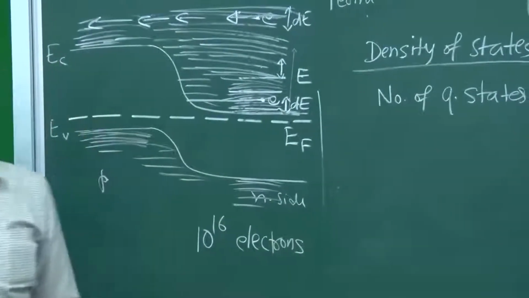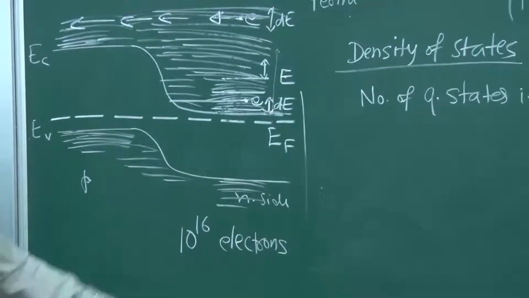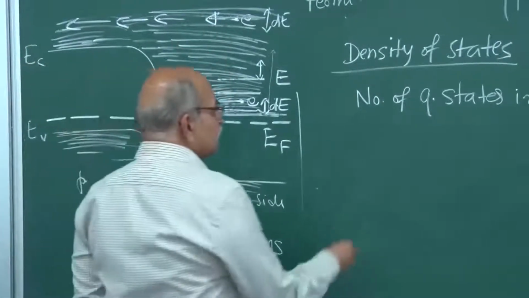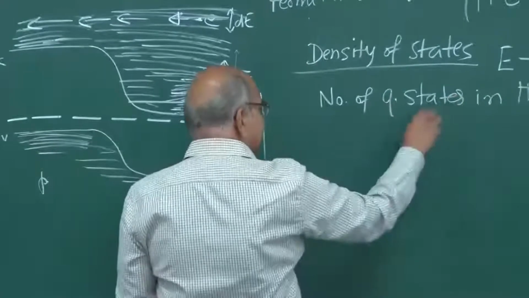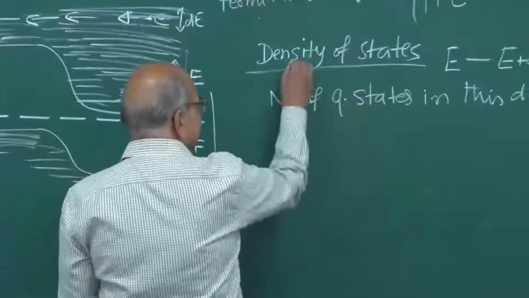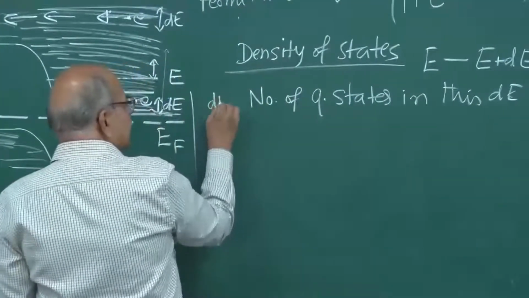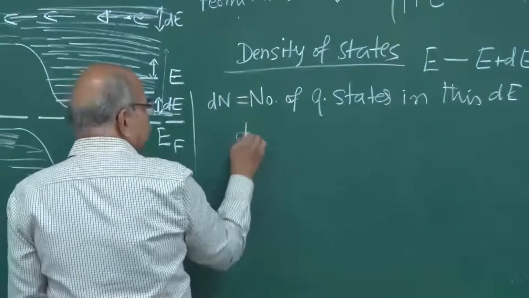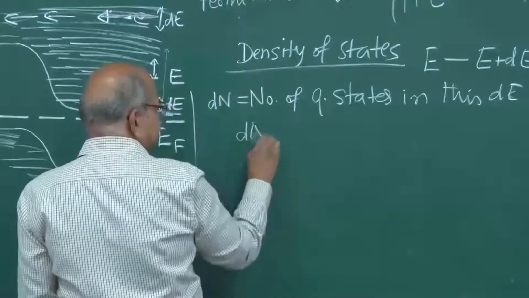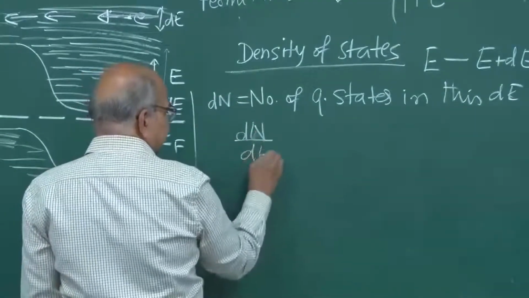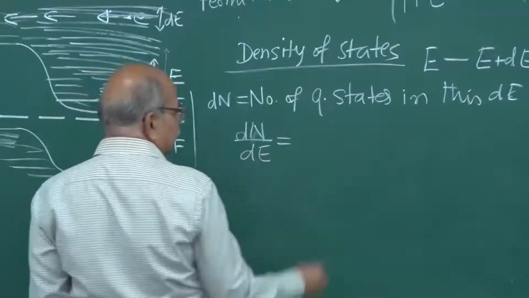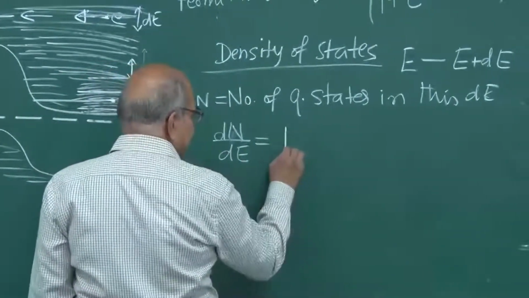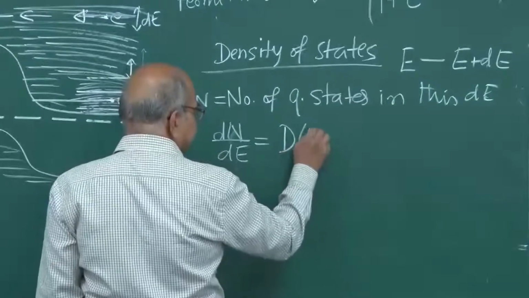And it turns out that if you make a calculation, this is proportional to dE, and dividing by dE will be the density of states. So if this number is dN, then this dN over dE is known as density of states, which you can write as capital D(E).